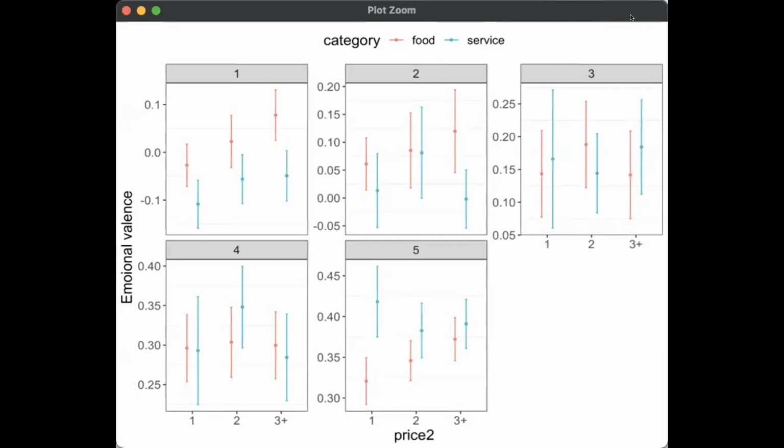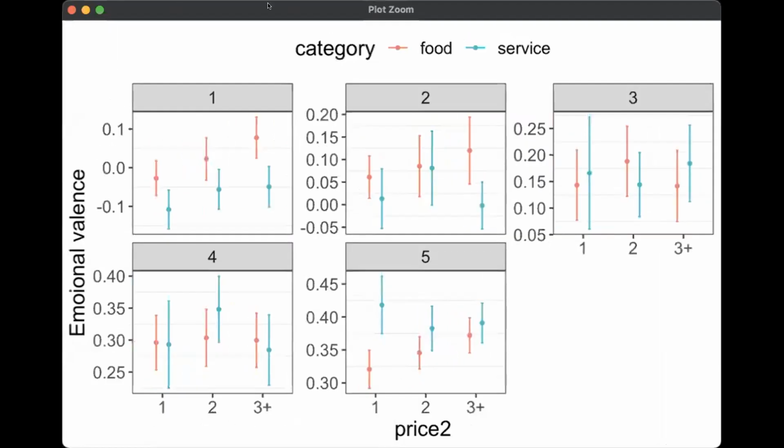Can you see the plot? Okay. Now, again, let's interpret the results. I will give you 1 minute. What kind of conclusion can you draw from this plot, from this data sample?